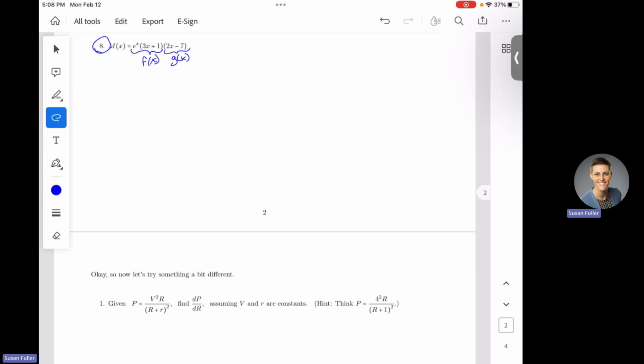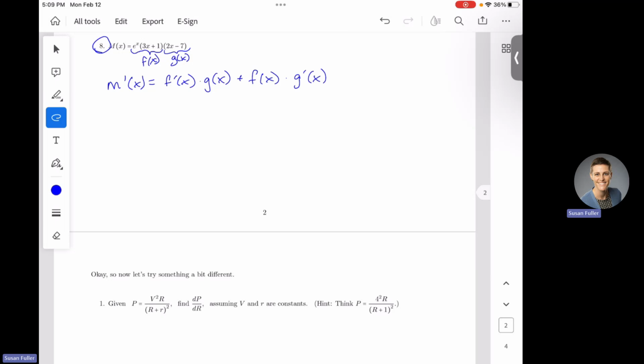So to find the derivative of m, I'm going to do the derivative of the first one times the second one as is, plus the first one as is times the derivative of the second one.